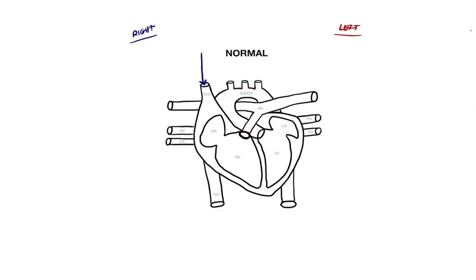Now let's trace that. From the superior vena cava and the inferior vena cava, blood enters the right atrium, into the right ventricle, and is pushed into our pulmonary arteries, that deliver that blood into our lungs. Now that blood gets oxygenated.